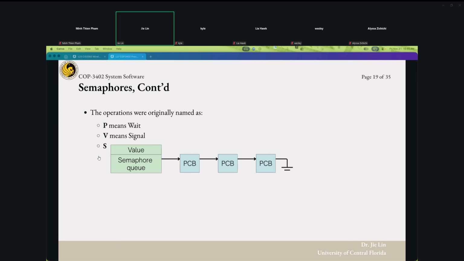Before we talk about implementation, we have to talk about history. Why is wait called P, and why is signal called V? Historically, semaphore operations were initially labeled with simply letters. P stands for waiting, and it is from a language. Can you guess the language? It's definitely not English, right?